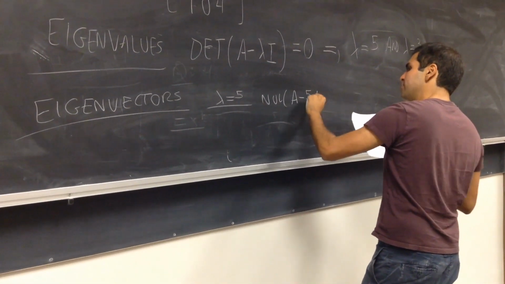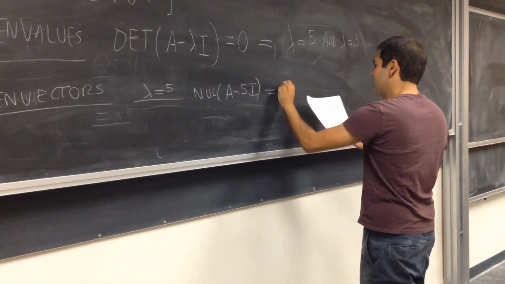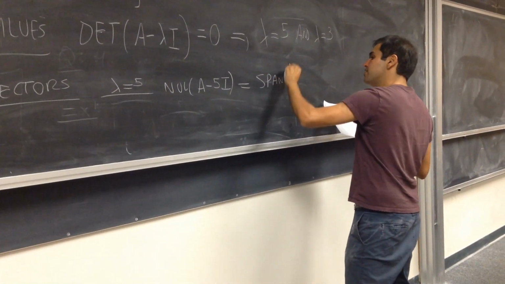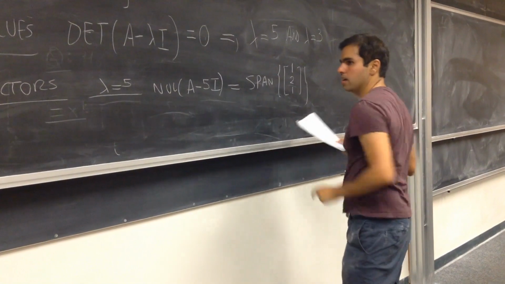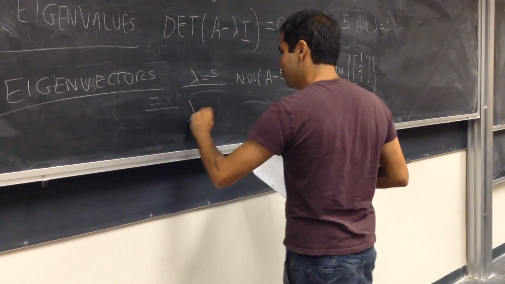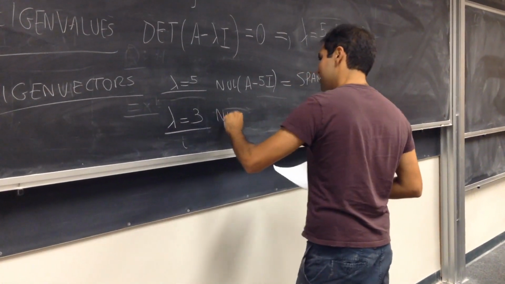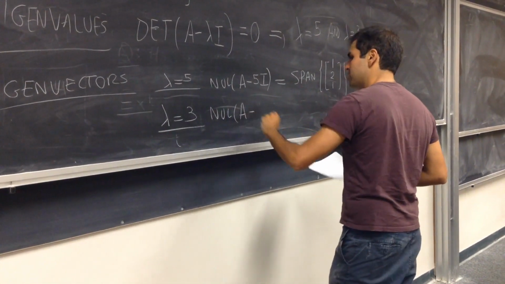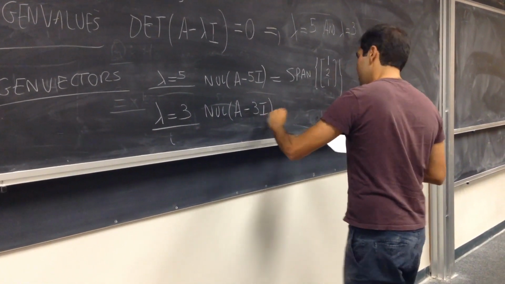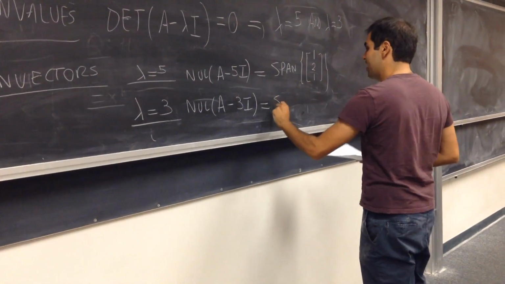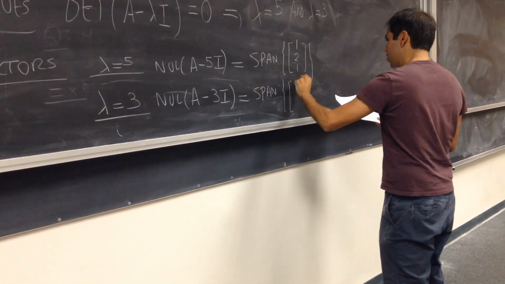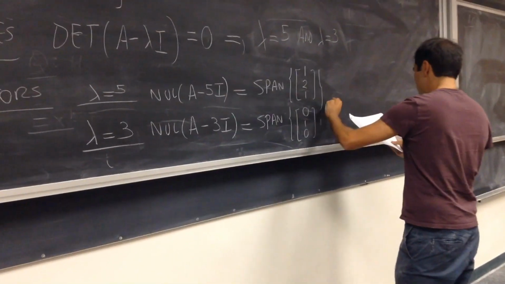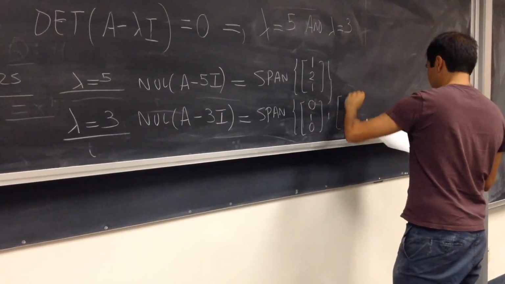If you find the null space of A minus 5I, suppose you do this and you find that it's the span of 1, 2, 1, and then for lambda equals 3, suppose you do the null space of A minus 3I, and you find after some calculations that you get the span of 0, 1, 0 and minus 1, 0, 1.